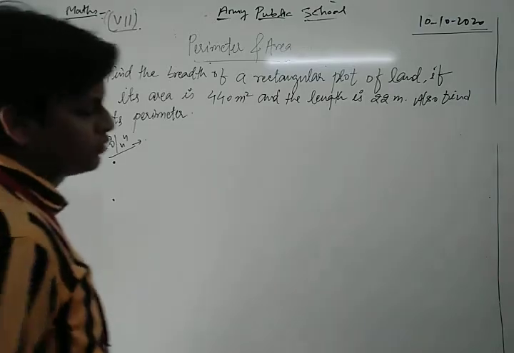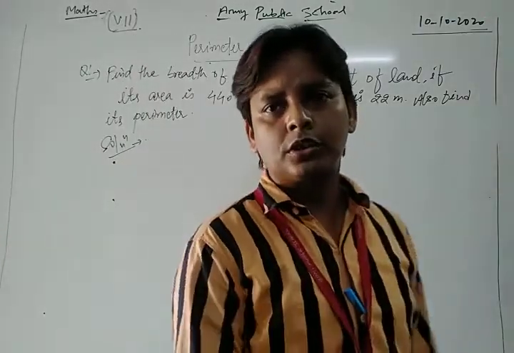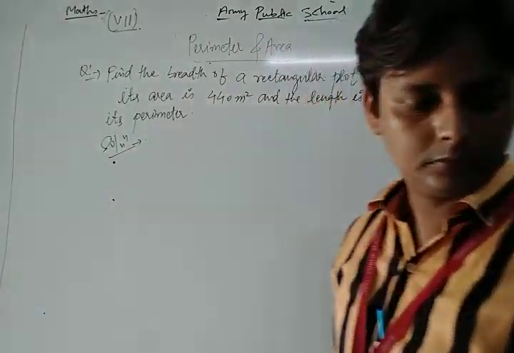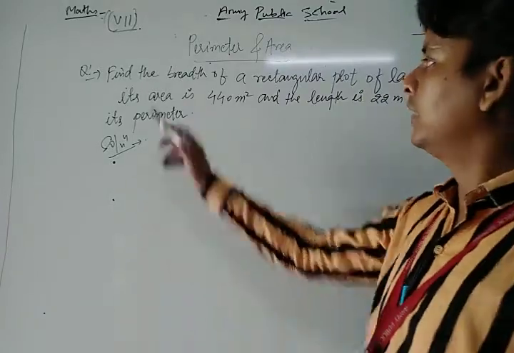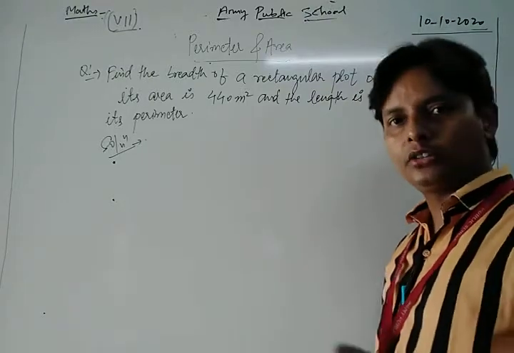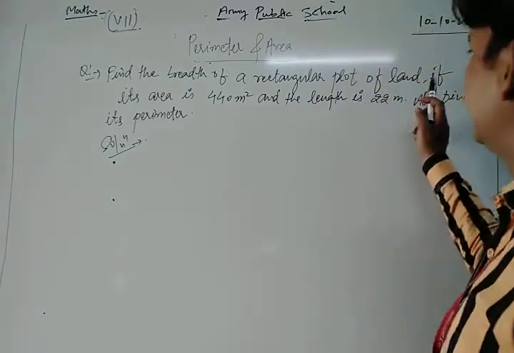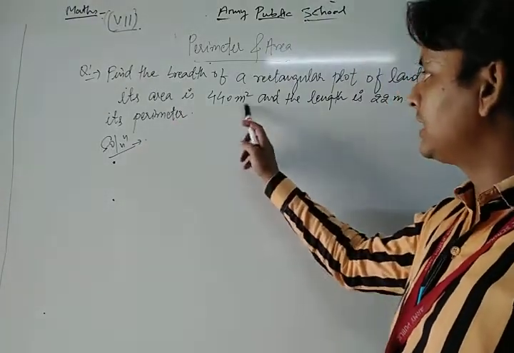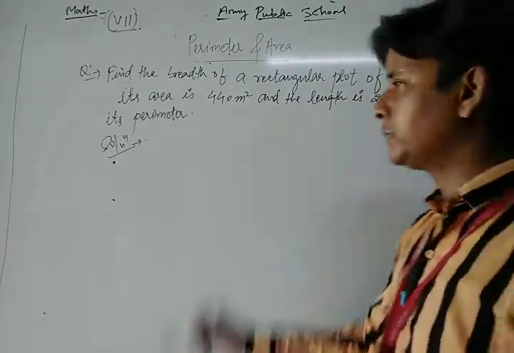Dear students, this is also a very important question. Here we find the breadth of the rectangular plot of land, if its area is this and length is this, also find its perimeter.